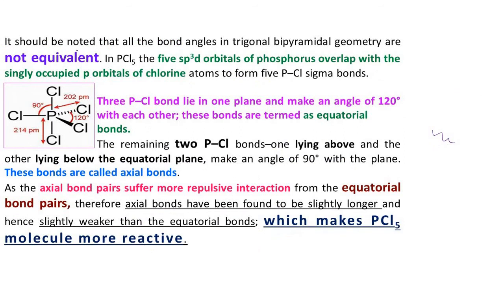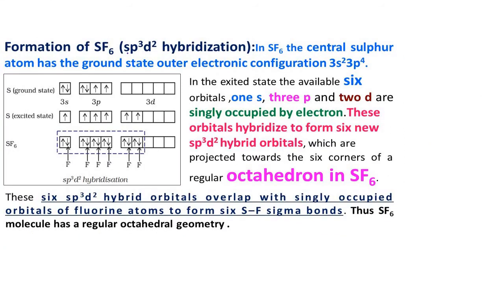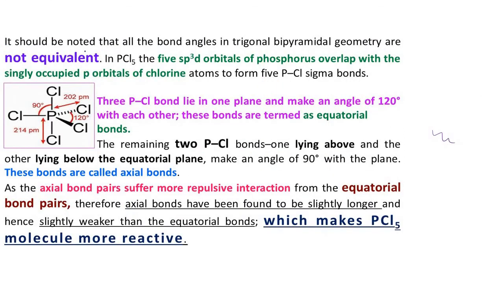Now it should be noted that all the bond angles in a trigonal bipyramidal geometry are not equivalent. It means that all the 5 phosphorus Cl bonds are not the same.